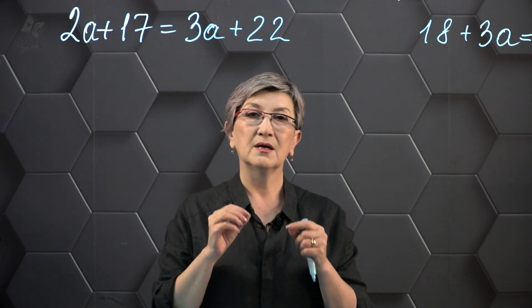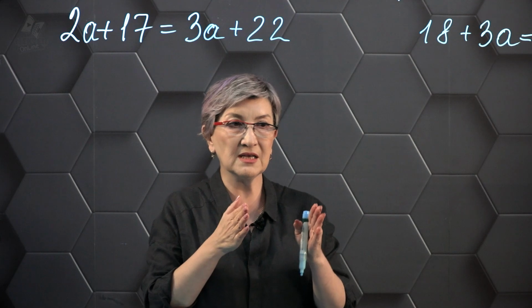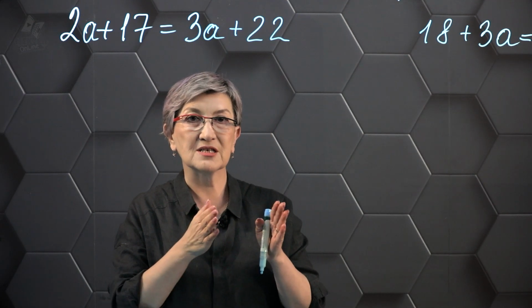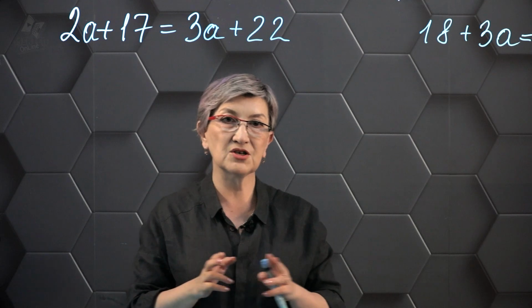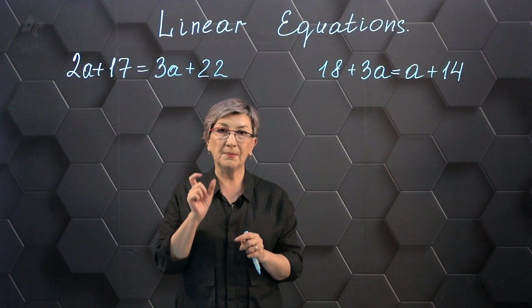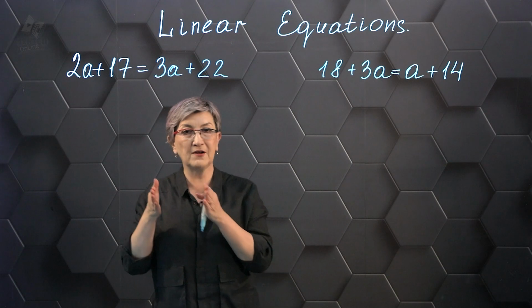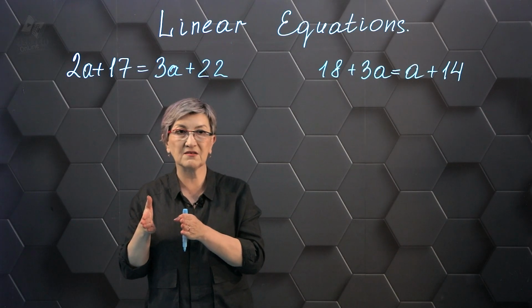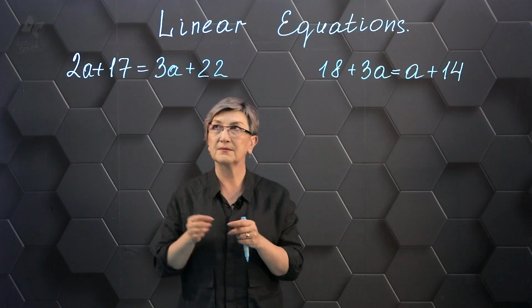But let's solve this equation by transferring our summands from the left side to the right side, and from the right side to the left side. The rule of thumb: in math, it's common for the left side of an equation to have the variables and the numbers on the right side.